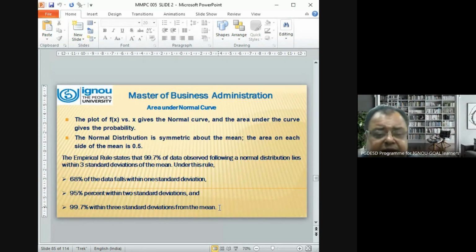The empirical relation states that 99.7% of the data observed following a normal distribution lies within three standard deviations of the mean. Under this rule, 68% of the data falls within one standard deviation, 95% within two standard deviations, and 99.7% within three standard deviations of the mean.